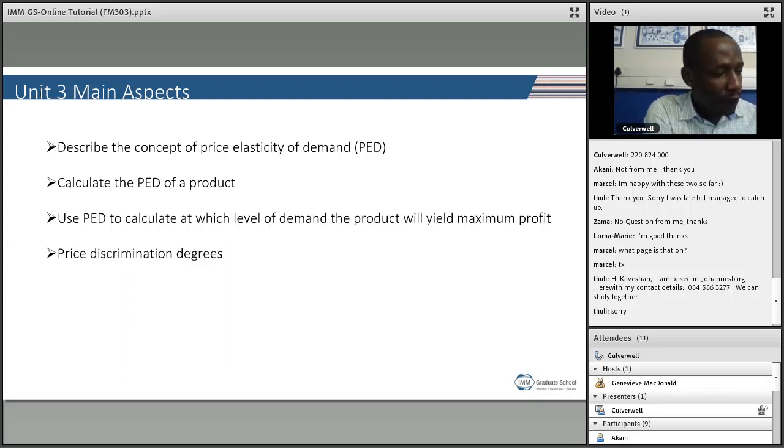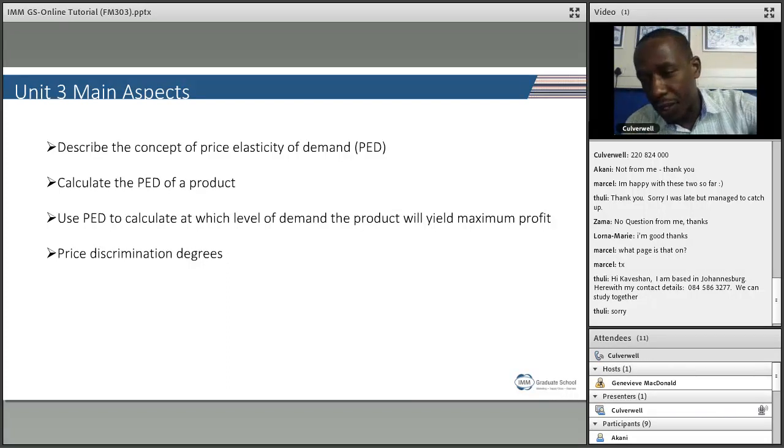Example 3.2 on page 151. So what we are talking about on that profit maximization, we want to find out at what price, what is the best price, the optimum price should we price our product at so that we'll be able to maximize profits. So do that example there of 3.2 in the learner guide.